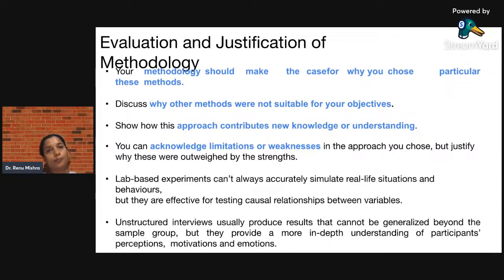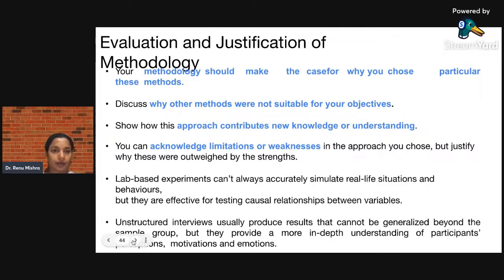Also, one very important part which many researchers avoid: you're not only focusing on the strength of your methodology. For example, you chose random sampling for your sampling method, so you say it is comfortable, it is convenient, and in order to contain a large number of samples, it is an easy method. Also do mention one or two limitations of that method so that it reflects that you have a very clear understanding about your chosen research methods.